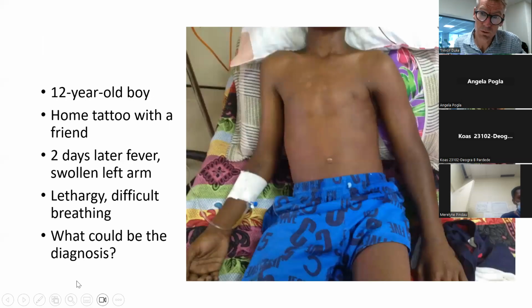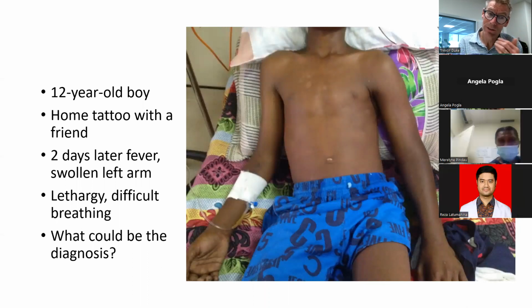I showed you some data from 25 years ago, but this is a much more recent case that I think is illustrative of the changes that have occurred. This was a young boy, a 12-year-old boy. He and his friends were doing a tattoo. I think you can actually see the tattoo on his arm.